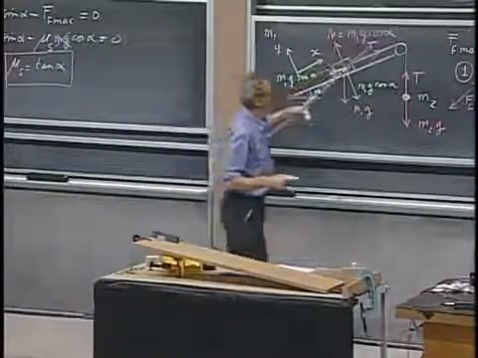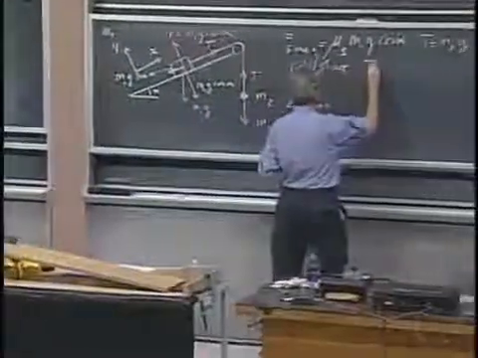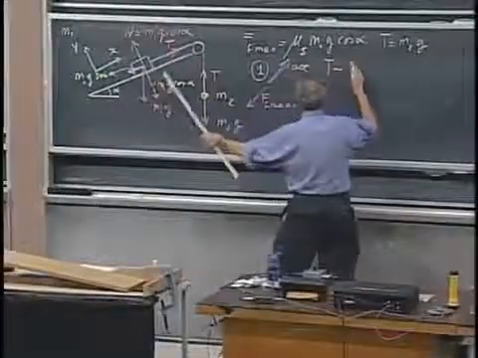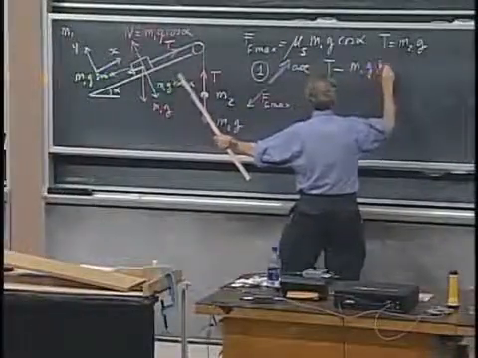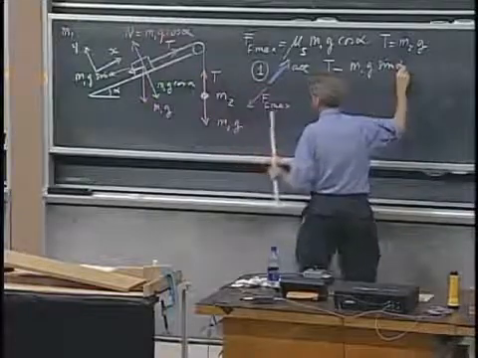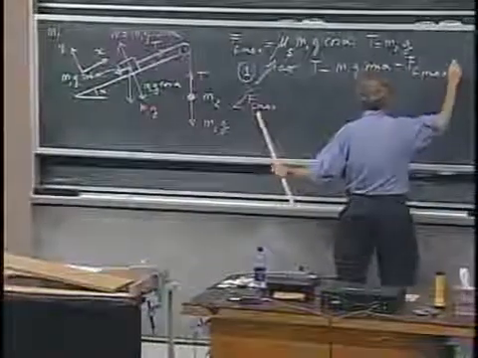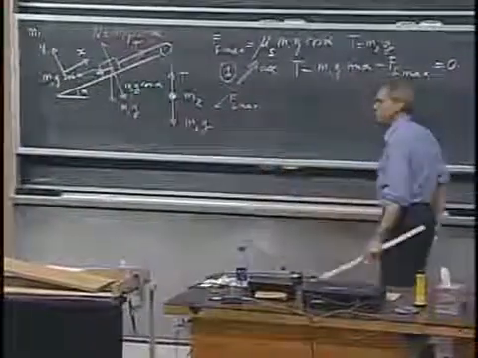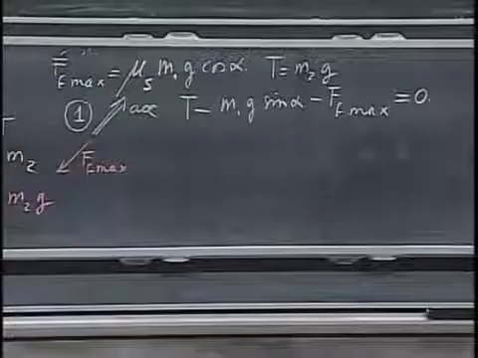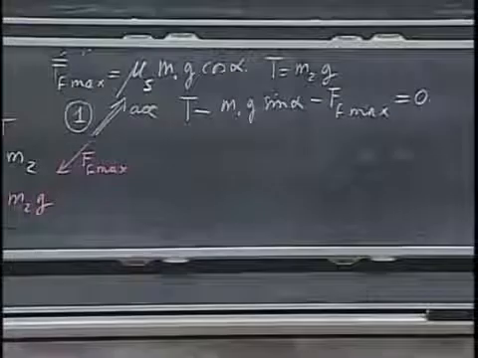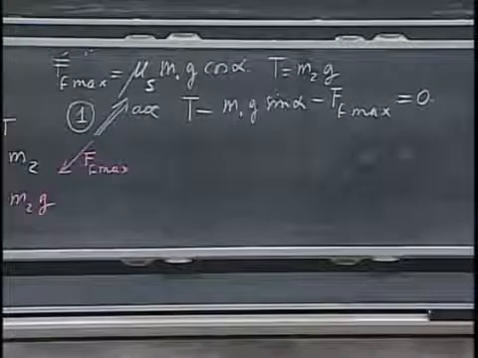Now I have T, which is in the positive direction, minus m1g sine alpha minus f max. That now has to be 0, just at the moment that it is just about to change its mind and start accelerating.